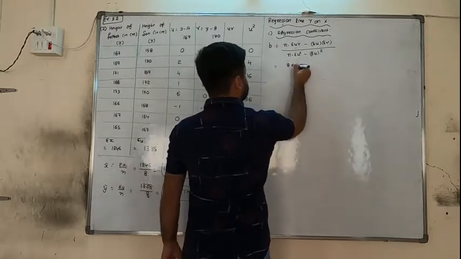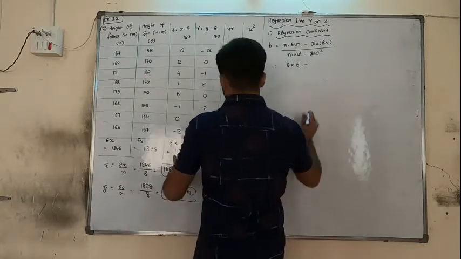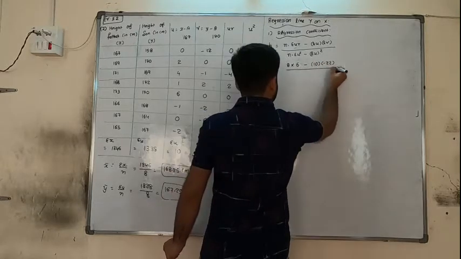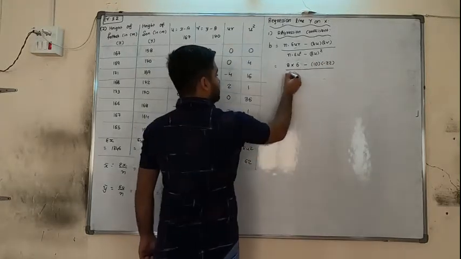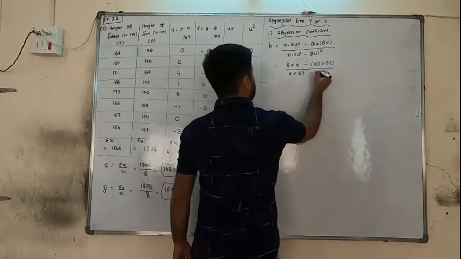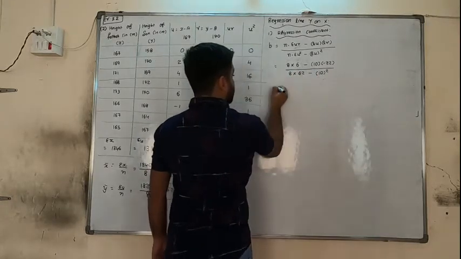Sigma uv is 6, sigma u is 10, sigma v is minus 22, n is 8, sigma u square is 62, and sigma u whole square is 10 whole square.